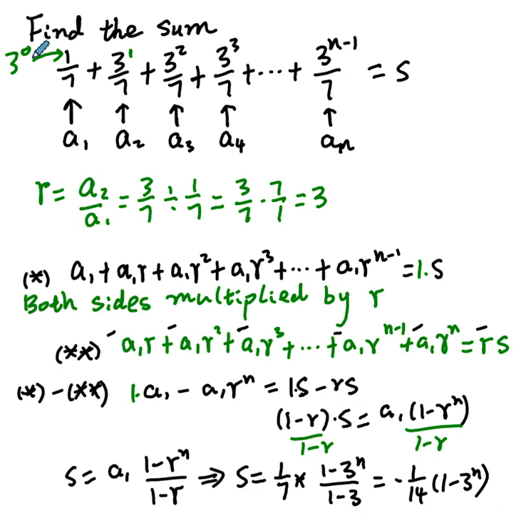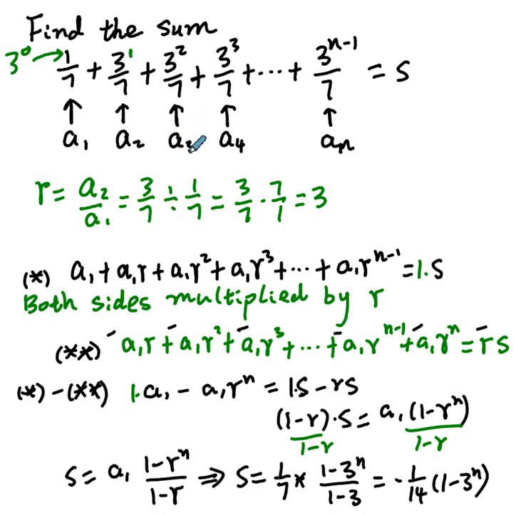The reason I want to write in this way is that if here is index A1, then the exponent is 1 less than the index. For the second term A2, the sub-index is 2, the exponent is 1 less. 3 is 3 to the first power.